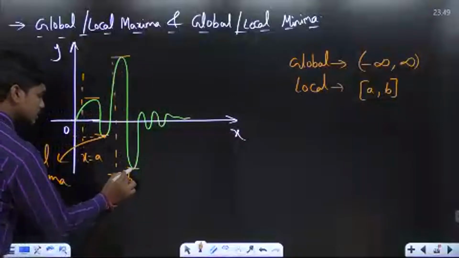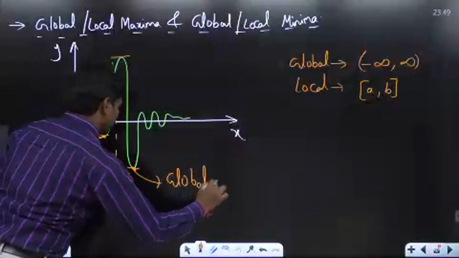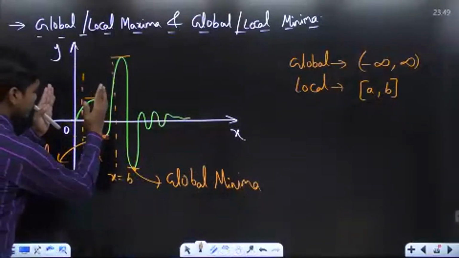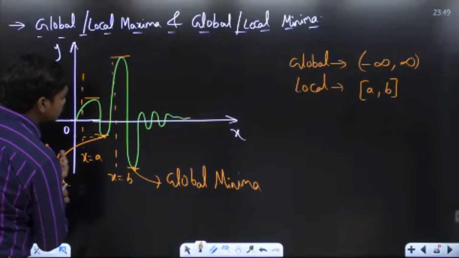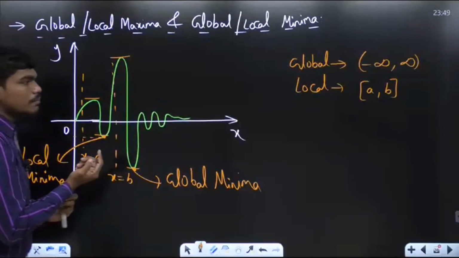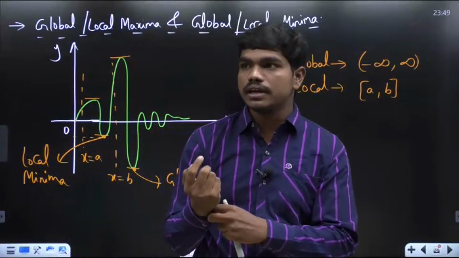But this point is actually the global minima of this function. Did you all understand? Whenever this interval is given, it is not taking care of the points where the actual global maxima and global minima are present. So sometimes they'll ask you what is the local minima of this function in a given interval.